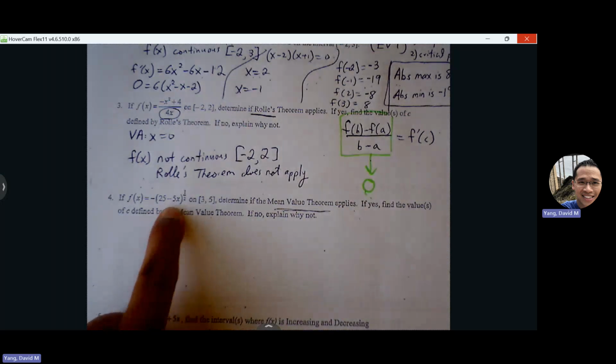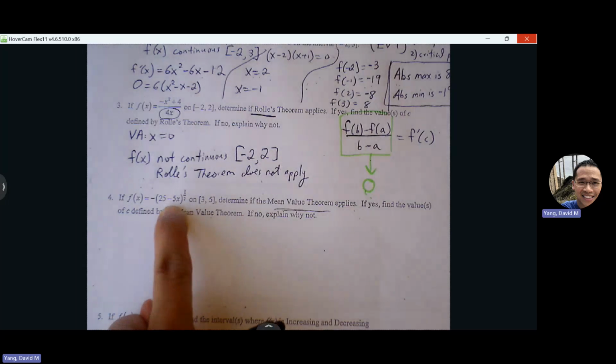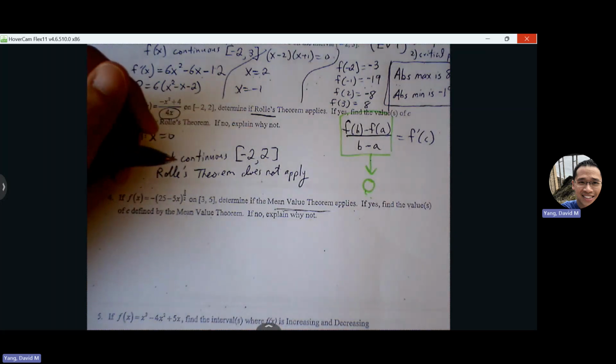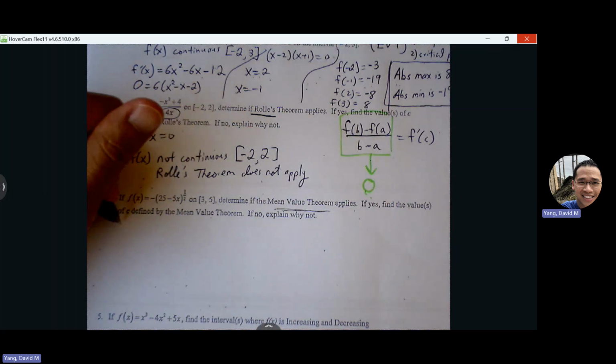All right. Do you see any issues with this function? There's no denominator that's causing any issues. And also 3 or 5 is not going to give us negative values. We're not going to have any issues. So we'll just practice writing out our conditions.